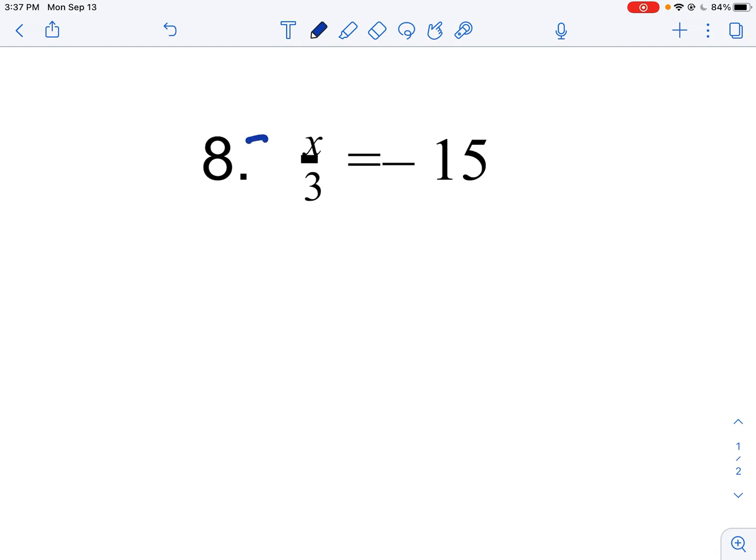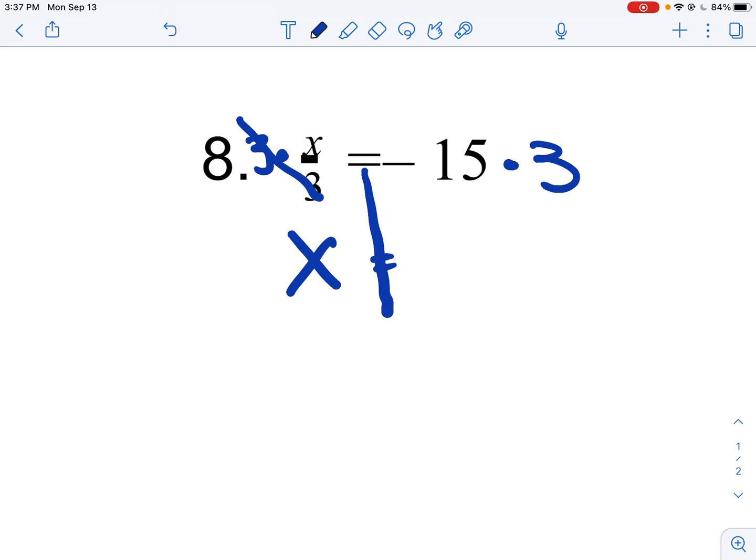Okay, on this one, this again is division. So I would multiply both sides of the equal sign by 3. I would get x equals negative times a positive is a negative, negative 45. So then I would plug it in.